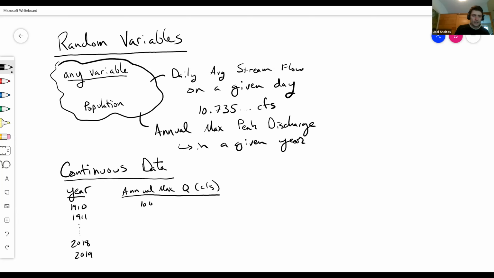Often we will round our continuous data, right? Because we don't really care if the annual maximum discharge is 1005.2. We don't need that level of precision. We'll still treat it as continuous even though it's an integer. We've rounded it to an integer.